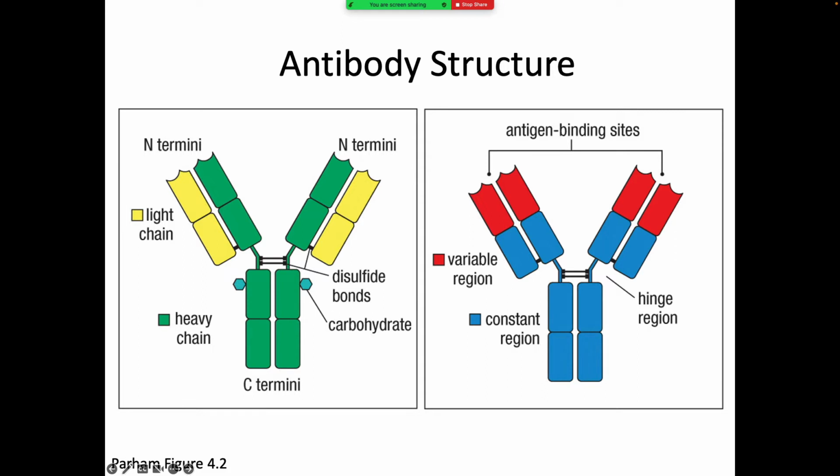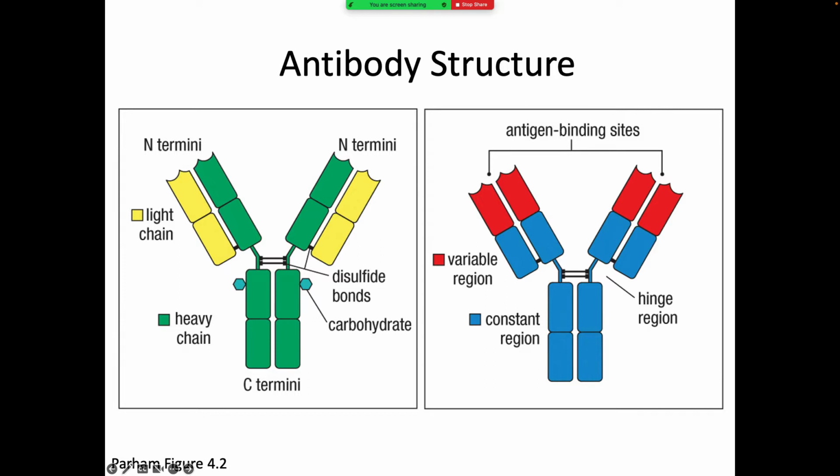Sorry, this one's the heavy chain variable region. This is the light chain variable region. Or sometimes we'll talk about variable region in general. And when we say variable, this is the one where there are millions and billions and trillions of different versions, instead of the 5 that we saw with the constant region.